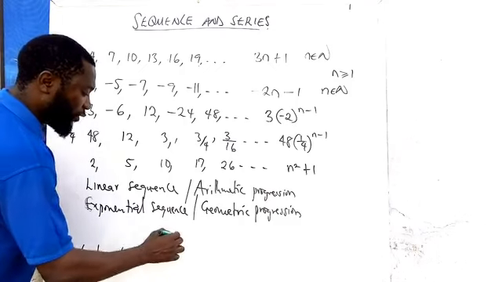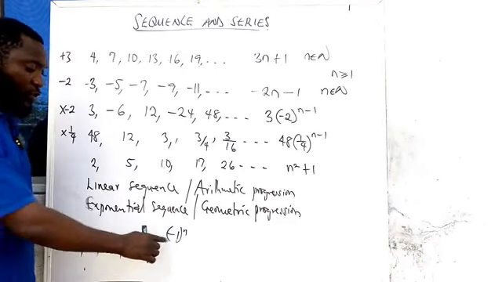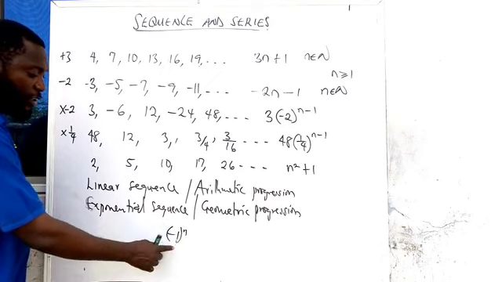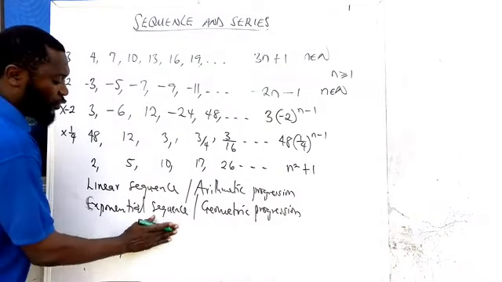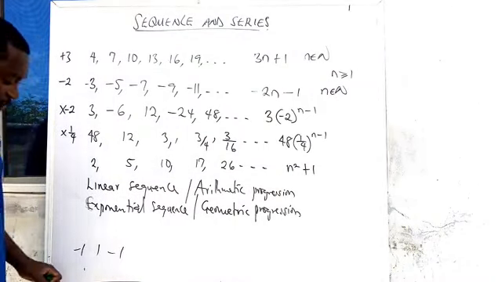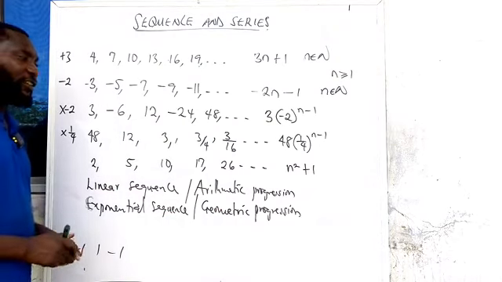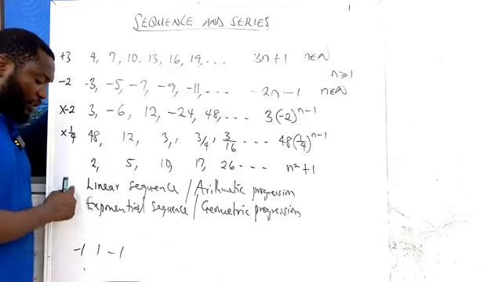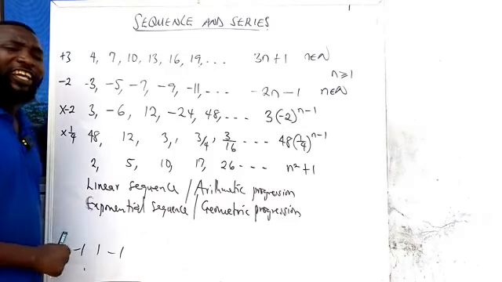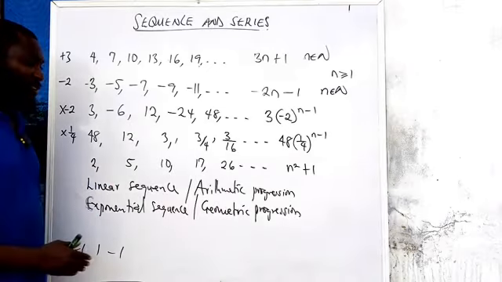Maybe it's generated by just negative 1 raised to n. When n is an even number, you get a positive result. When it is odd, you get a negative result. Here are some of the examples, and this topic will be limited to two types of sequence: the linear sequence and the exponential sequence.